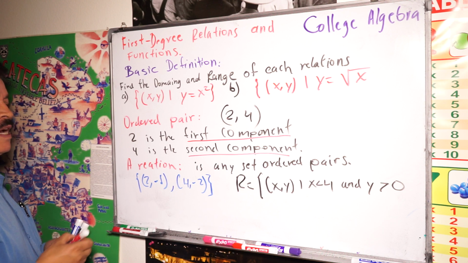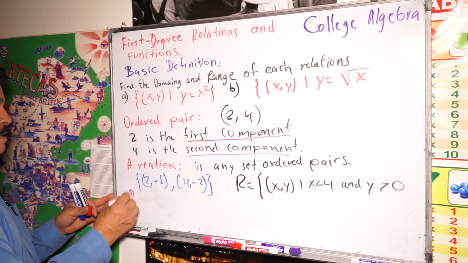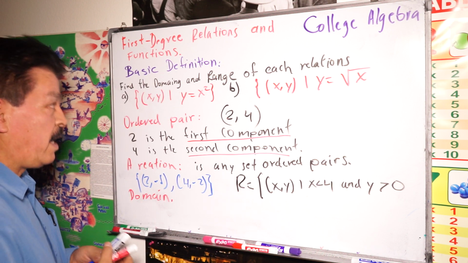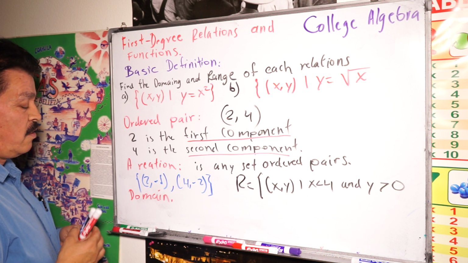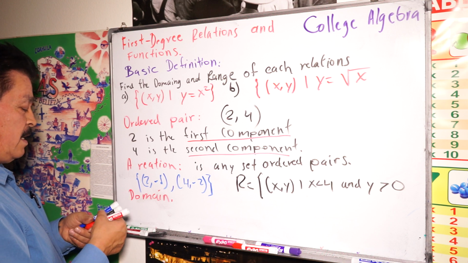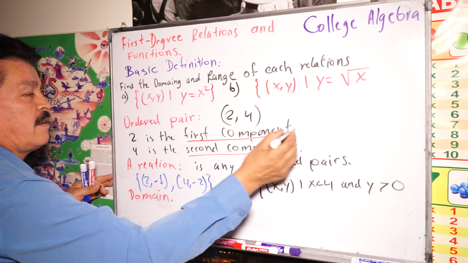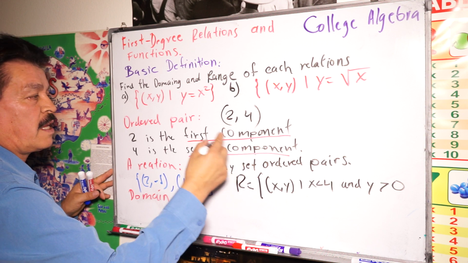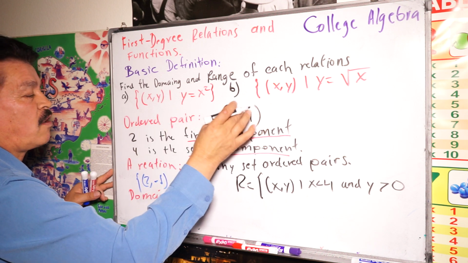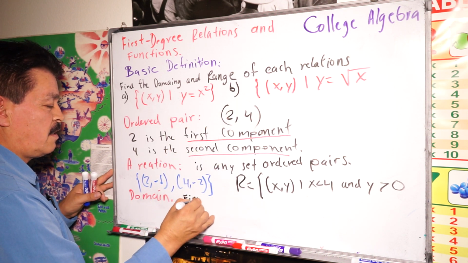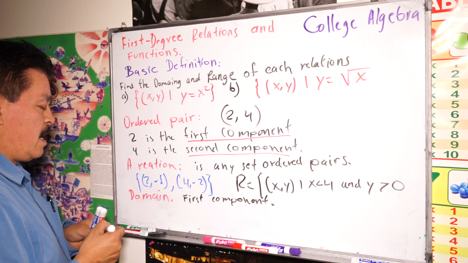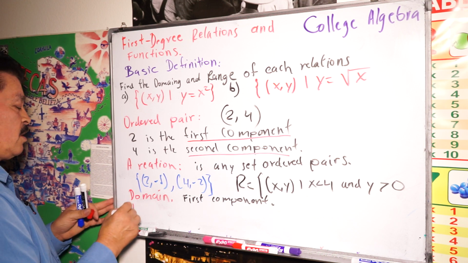Another idea that we have to remember is the domain. When you see relations and functions, you see the domain. The domain is the first component. That's why it's important to know what an ordered pair is and what its components are. Range is another concept.